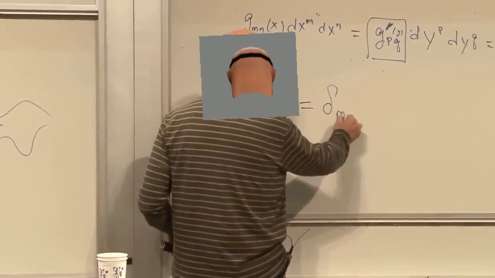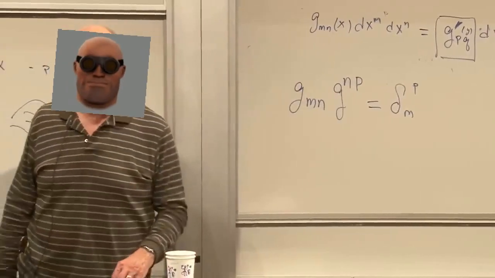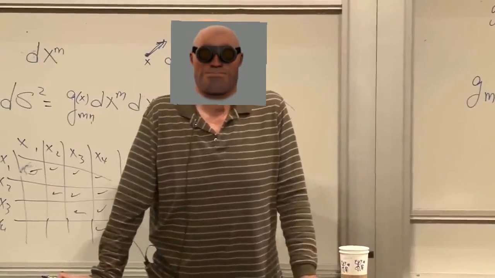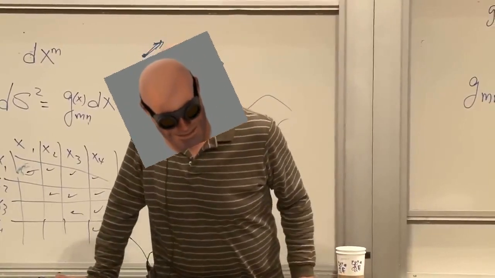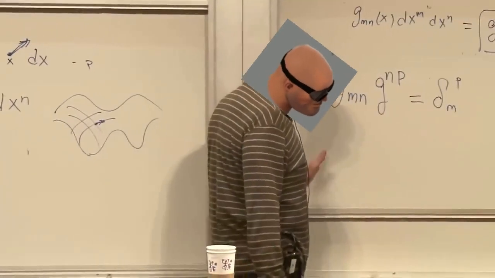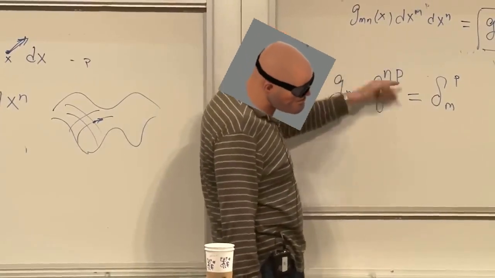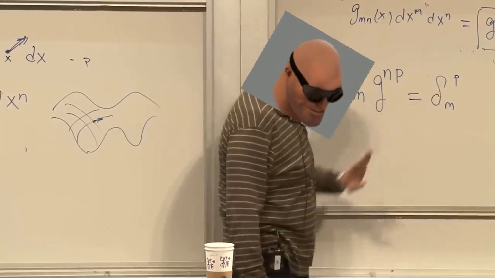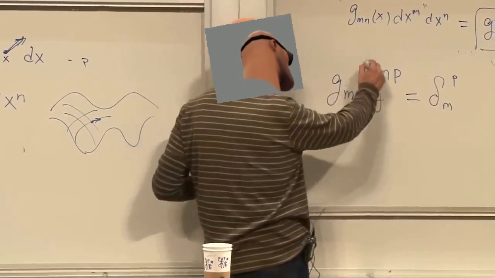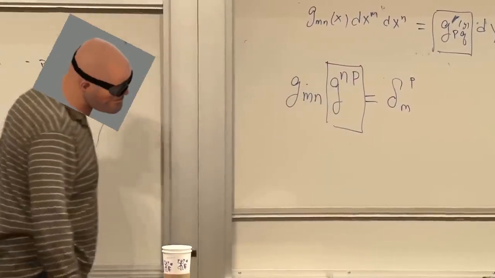Delta MP. What is delta MP? That's a matrix, thought of as a matrix. It's the unit matrix, the identity matrix. What this equation says is the product of the matrix GMN with the matrix GNP with upper indices is the unit matrix. It identifies this object over here as the inverse matrix to this.